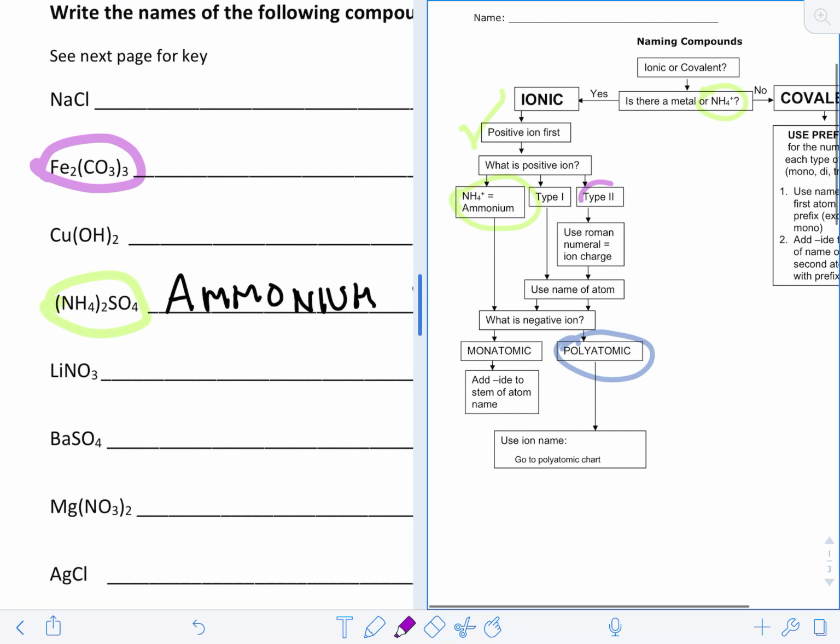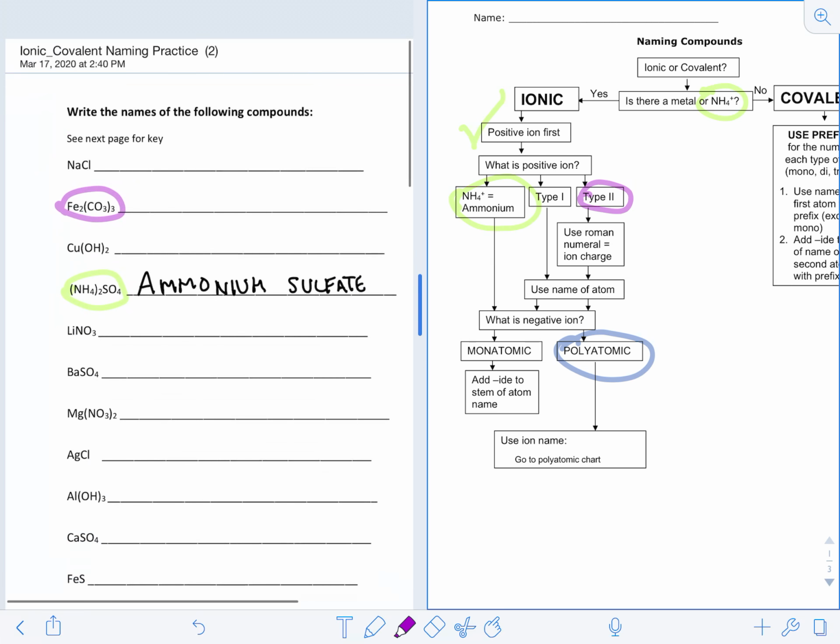When you're talking about a type 2, we're essentially talking about a transition metal. So we have to do some algebra to figure out what is the charge on the metal, because please remember, transition metals can have more than one charge. The first thing we want to do is figure out what is the charge on it. So we're going to have to do some reverse algebra here.